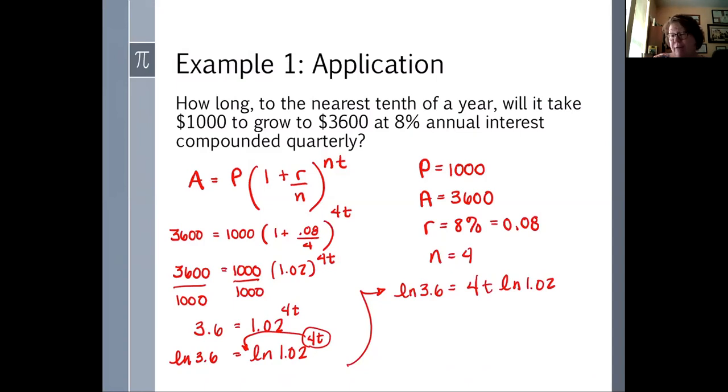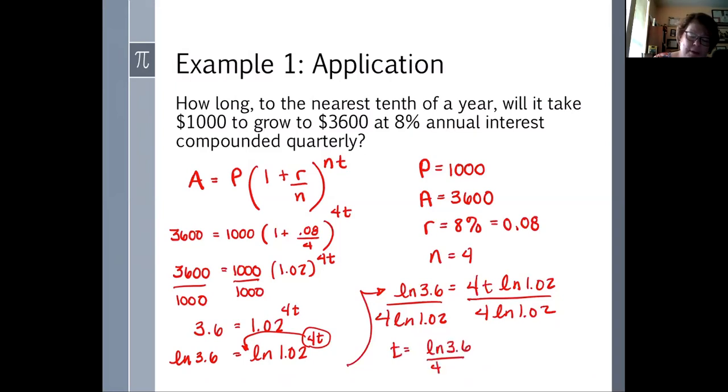So I can divide by 4 times the natural log of 1.02 and isolate the t. So t is equal to the natural log of 3.6 over 4 times the natural log of 1.02. And I need a decimal approximation to that.